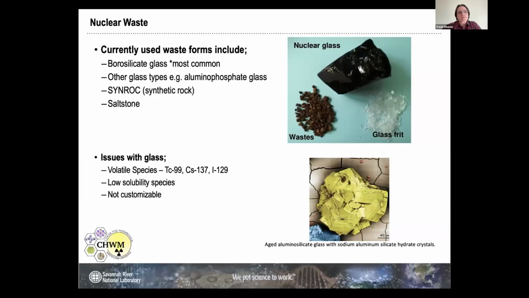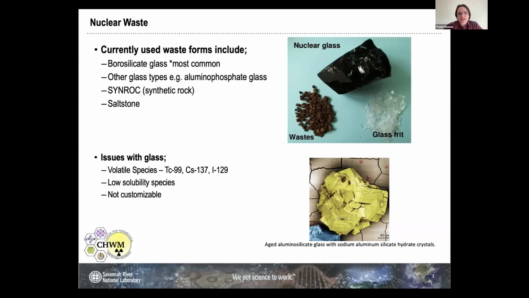But some issues with glass is that you do have some volatile species within the nuclear waste stream, such as Tc-99, cesium-137, or iodine. And of course, when you're making glass, that's a high temperature process, so you can lose some of those volatile species. You also have some low solubility species, which can crystallize out of the glass form and create weak points within the glass.